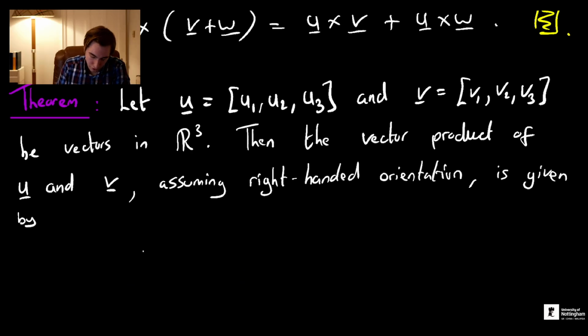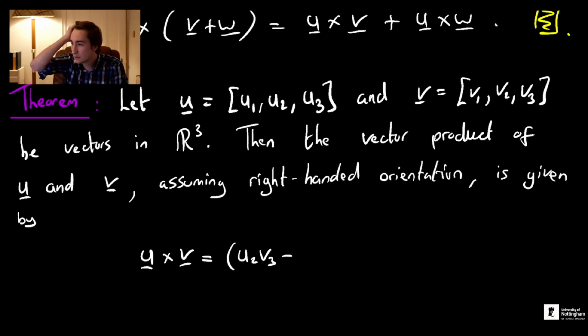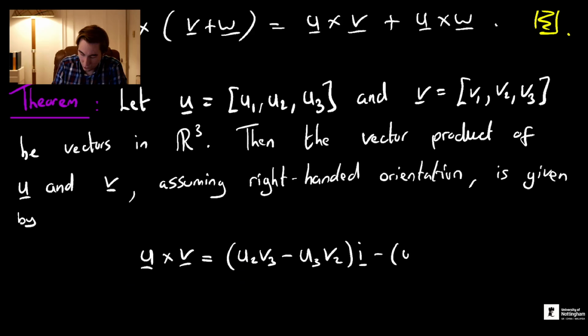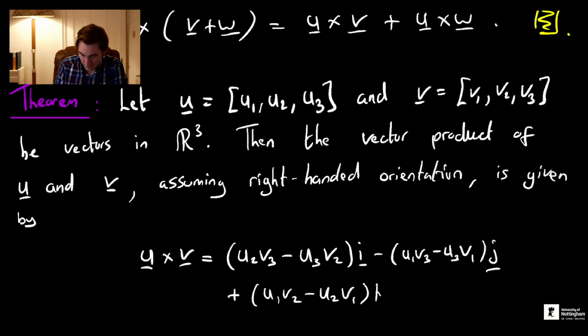So we have that u cross v is equal to u2 v3 minus u3 v2 times i, minus u1 v3 minus u3 v1 times j, plus u1 v2 minus u2 v1 times k.